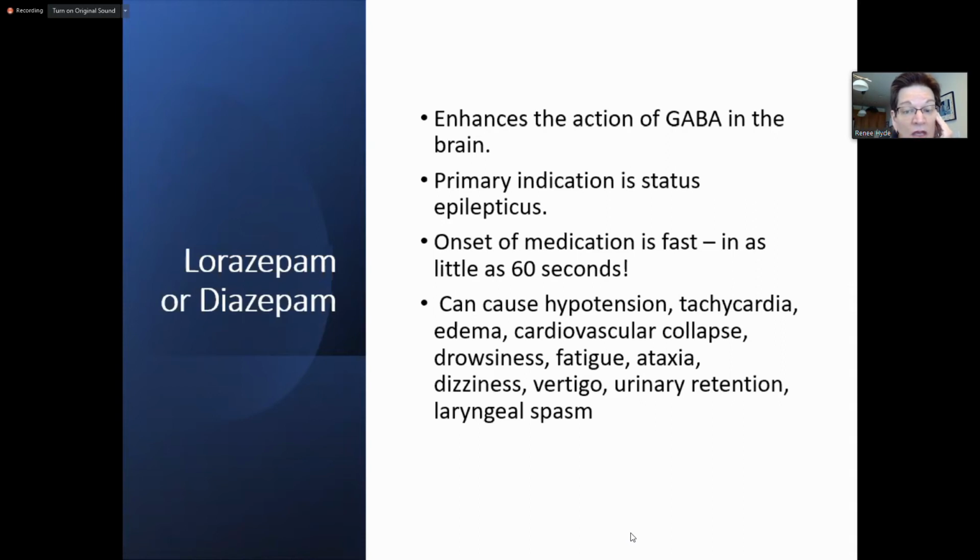The other thing is, depending on how much this medicine takes for me to stop that seizure, I may want to have my respiratory therapist standing by so that they can intubate my patient and protect that airway if they stop breathing.